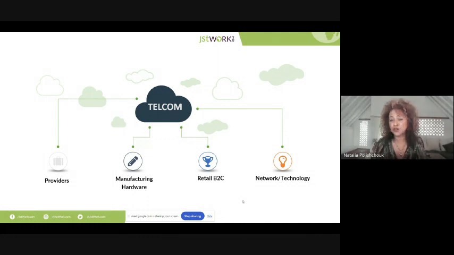And then we have those that sell us, retail telco to us. So Safaricom may actually own some of the provider, but they are also a retailer. But we can go to many companies. Are we retailing B2B? Are we retailing B2C?